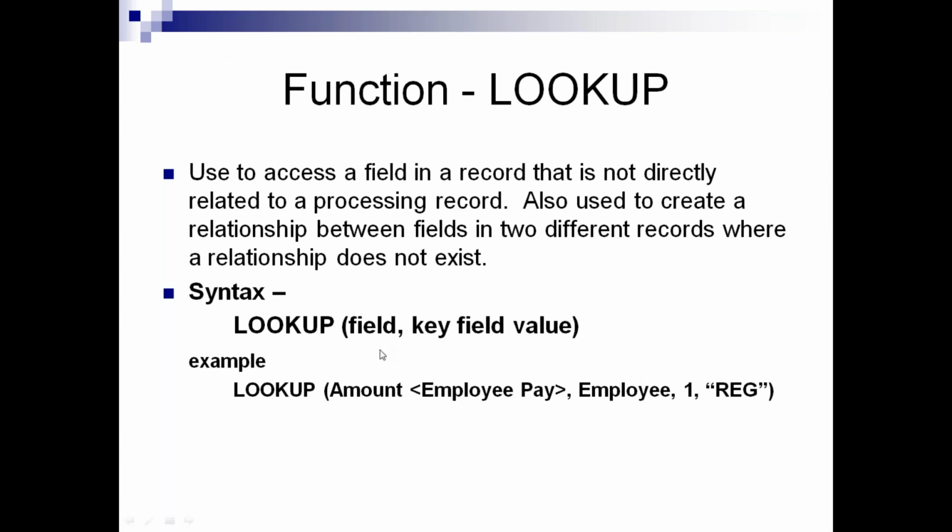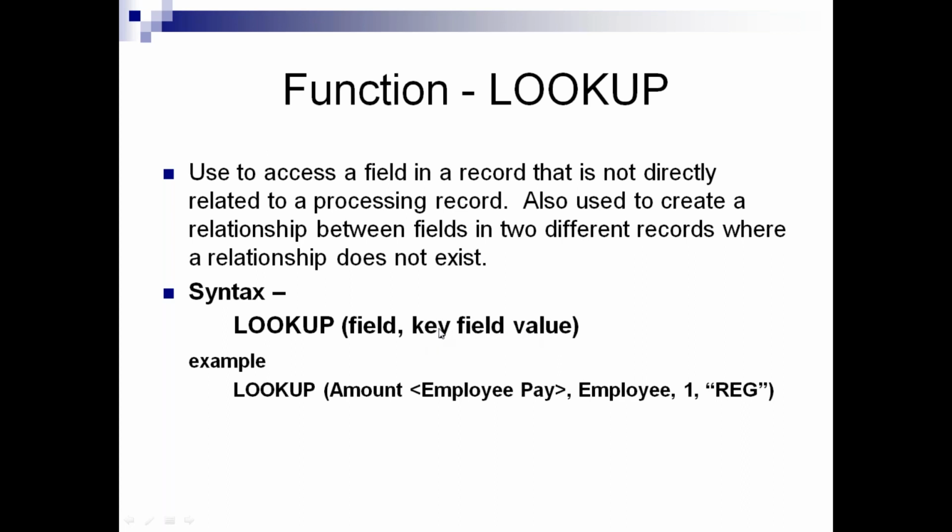And actually the best way that I can explain this is, when you do the lookup, you give it the field that you're trying to pull. This field is going to come from a different record other than the driving record of the report. So you're looking up this value, followed by the path to get there, meaning how am I going to get to that field?